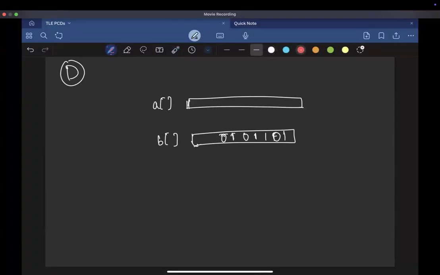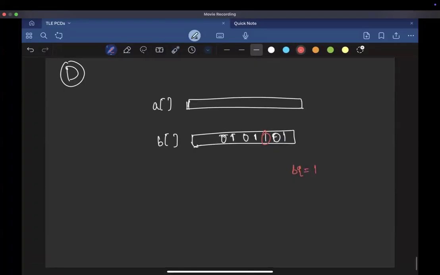We can apply an operation: if b_i is 1 for some i, then we can increment the value of a_i by 1. This will cost you one operation.